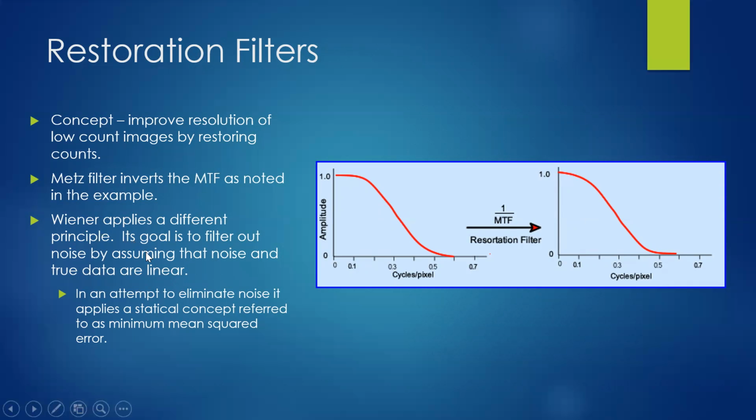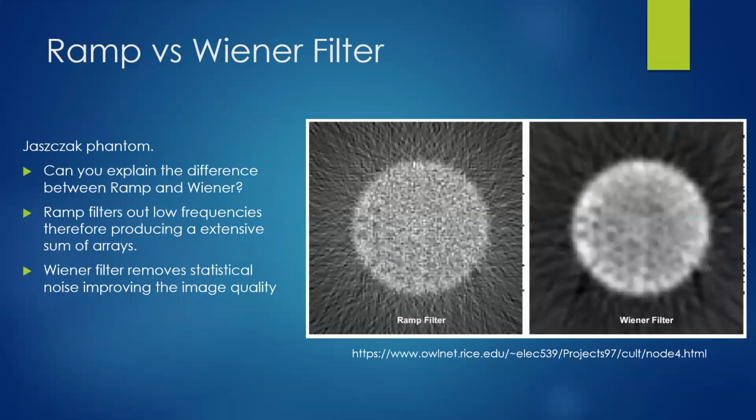Another filter is something called the Wiener filter. Its goal in this scenario is a little different. It wants to filter out noise by assuming that noise and true counts are linear in their relationship. So in an attempt to eliminate noise, the Wiener filter applies a statistical concept referred to as minimum mean squared error.